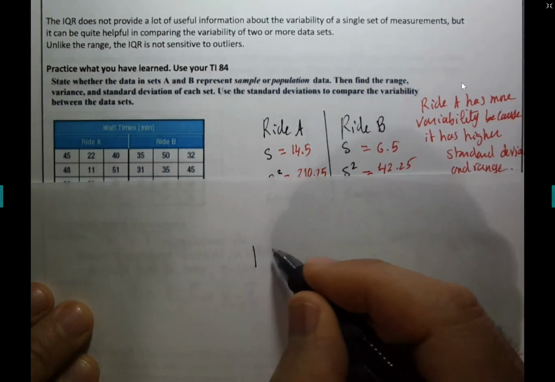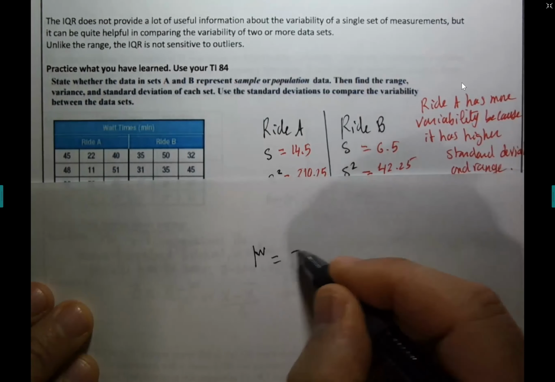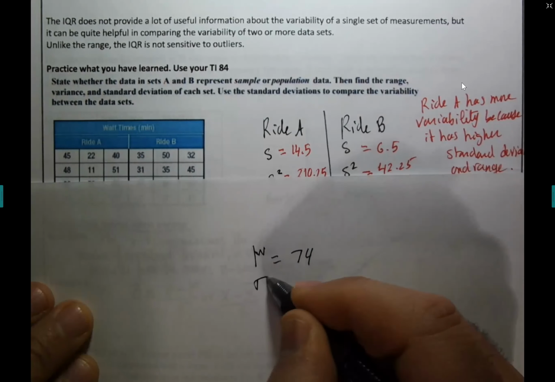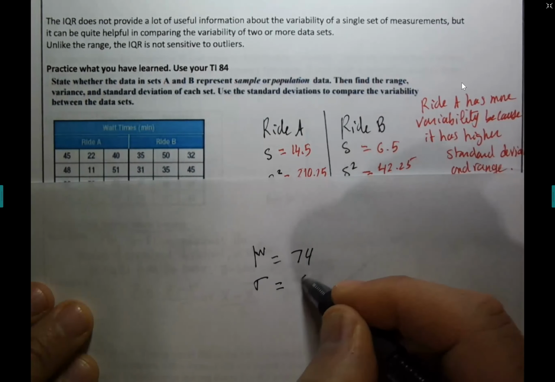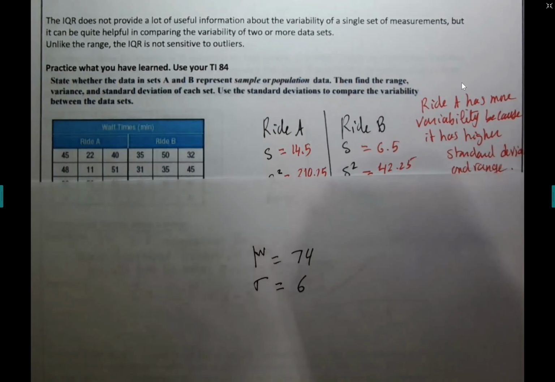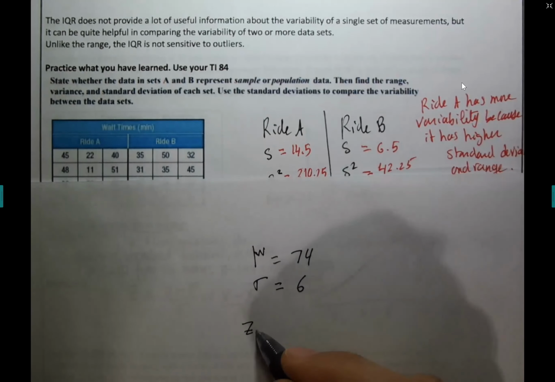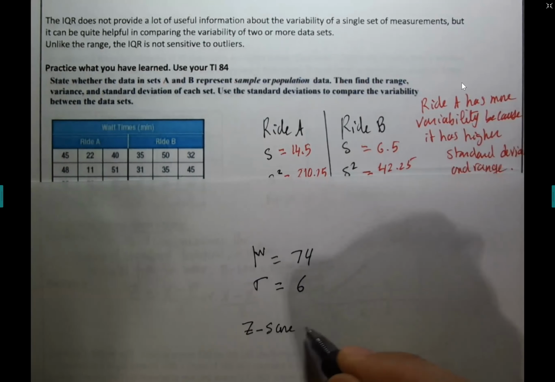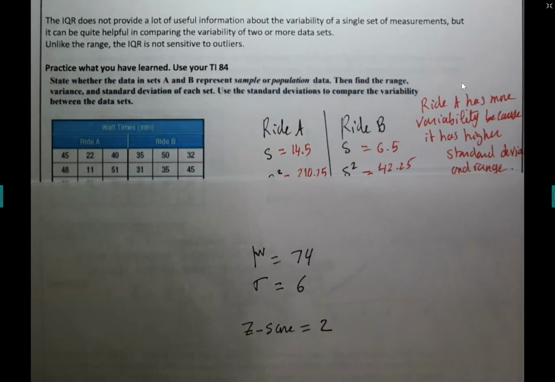So just to give you an example, guys, let's say after the first test, I tell you that the mean, the average of the class, was 74. And the standard deviation, guys, was 6. And then I tell a student, your z-score was 2 on the test. The student can figure out what his or her score actually was.